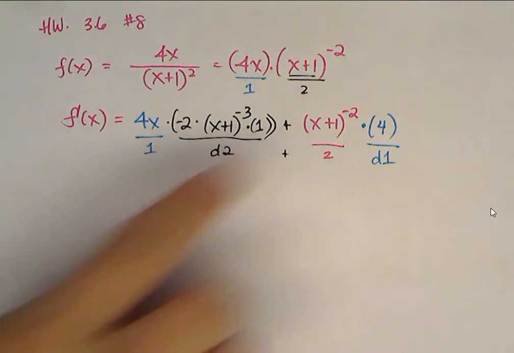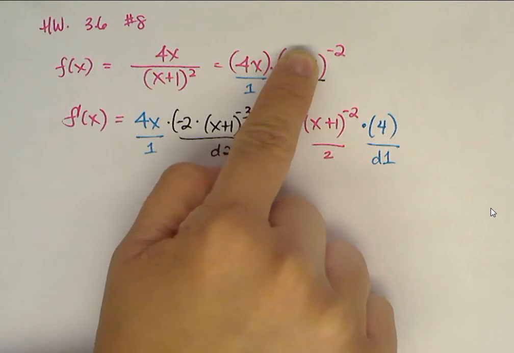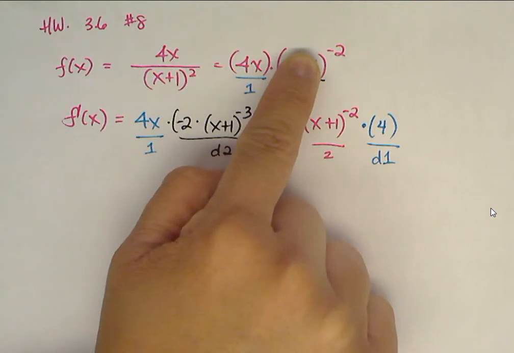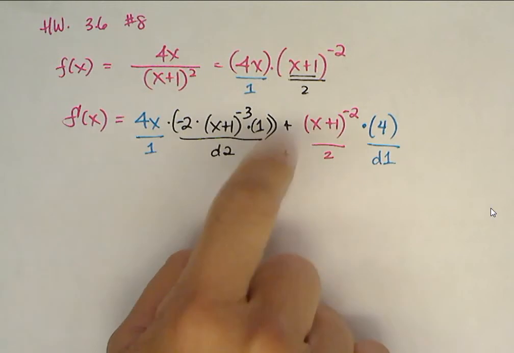This second function here is something to the negative 2. So when you do the derivative of something to the negative 2, you bring the exponent, negative 2, to the front, so it's negative 2 times that something to the negative third power. But now you have to do the derivative of the something, which is the derivative of x plus 1, which is 1.